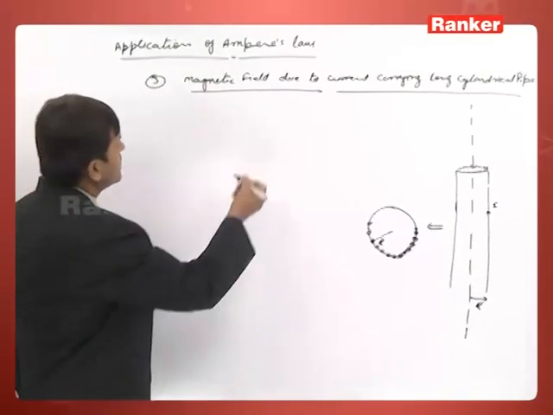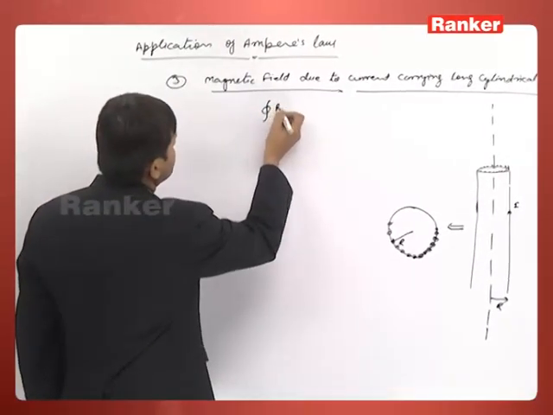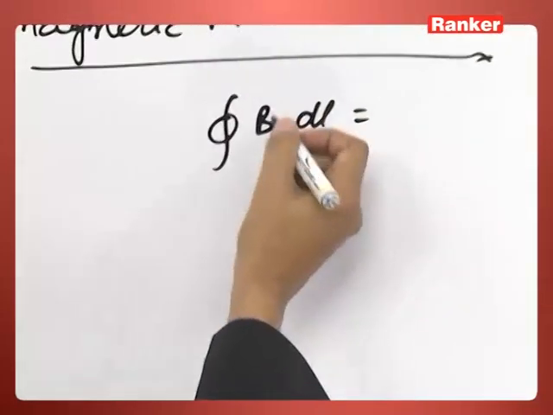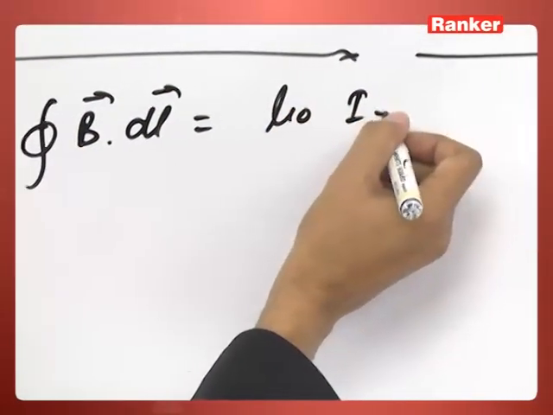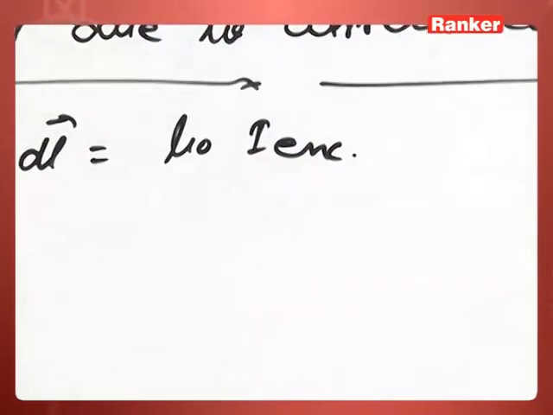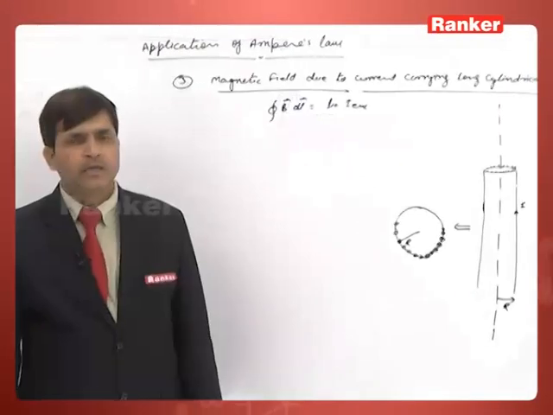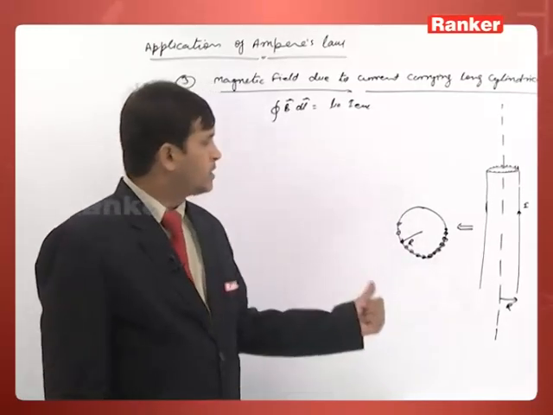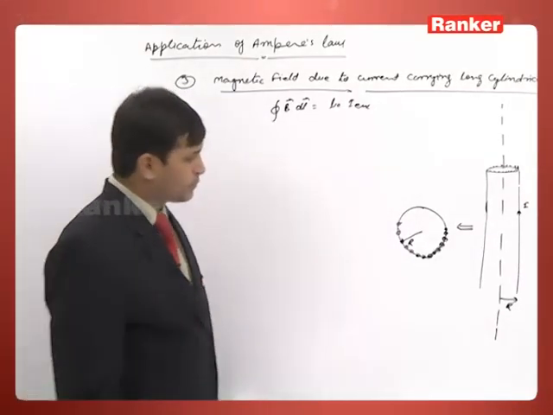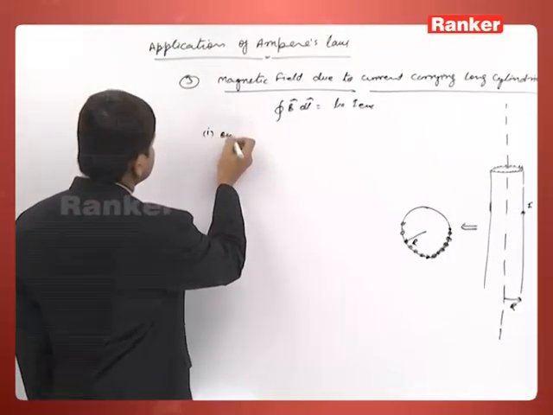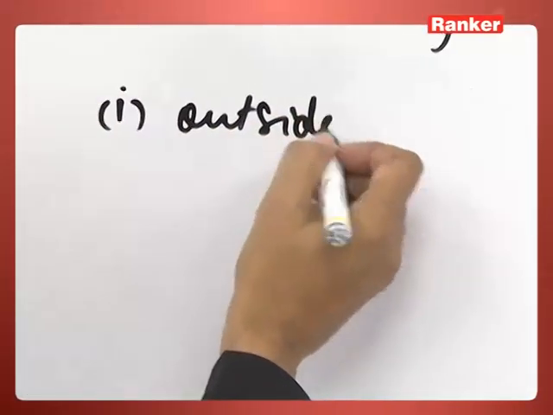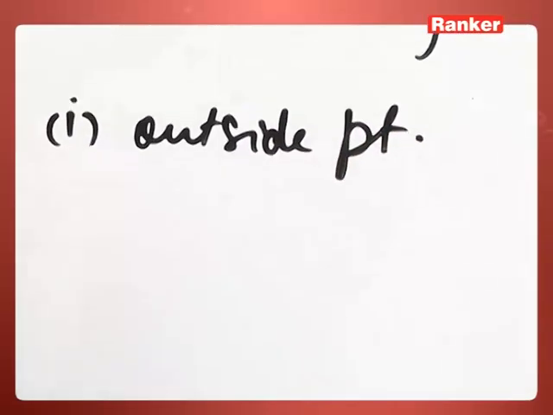So here also we have three different positions: one outside, another inside, and third on its surface. First, the outside point.